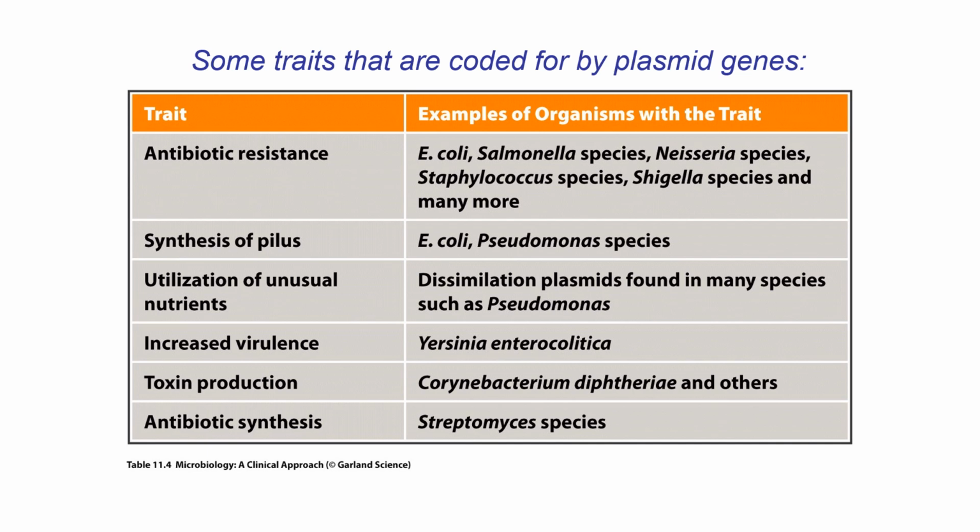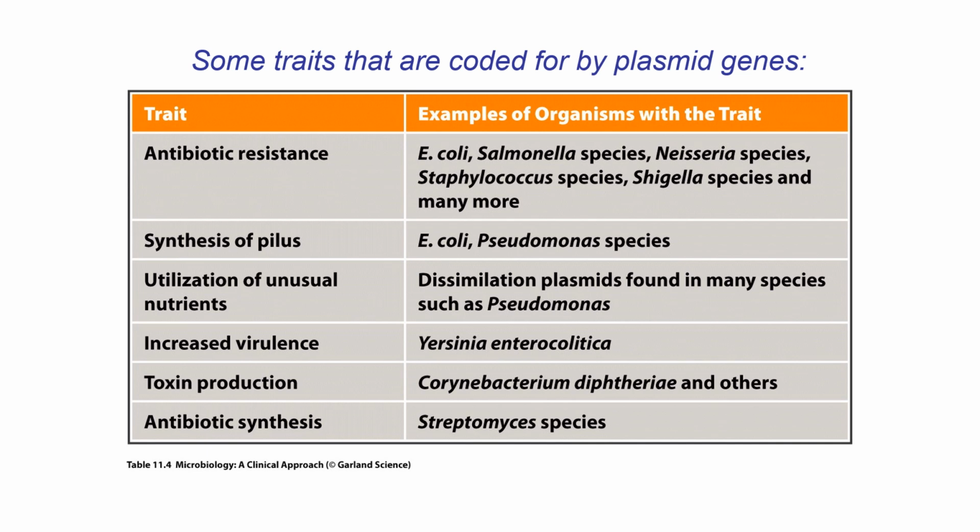And you can imagine how that might be important and how we might want to know that this is going on. In some cases, plasmids will contain genes that increase the virulence of a bacteria. They help the bacteria enter into other cells and cause damage, or they might contain genes that allow the bacterium to produce toxins or to produce their own antibiotics that they can use to fight off fungal cells, for instance.